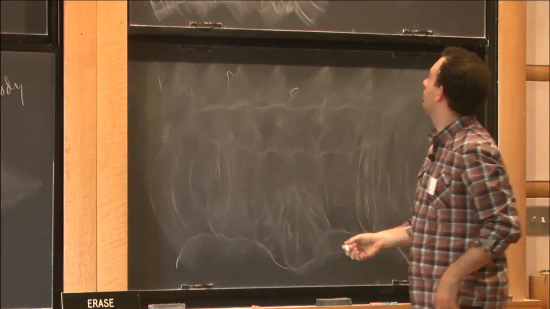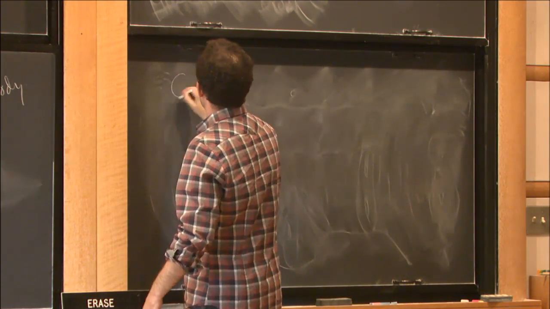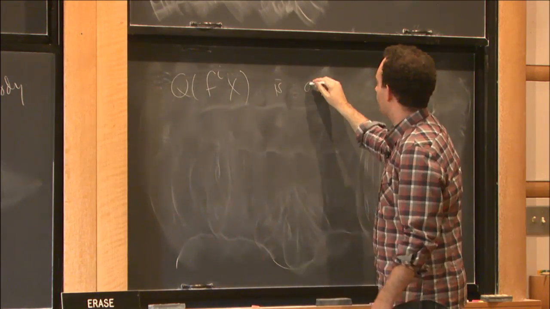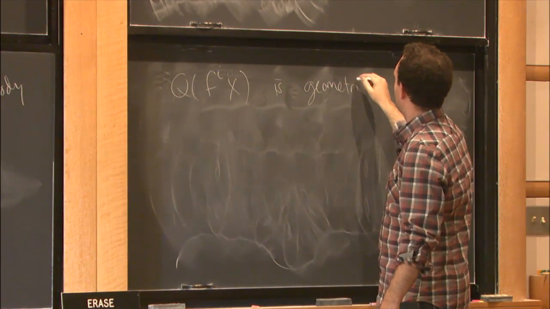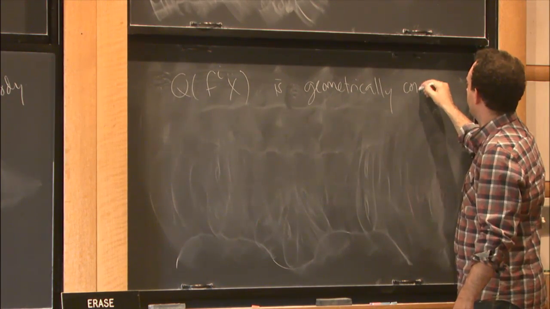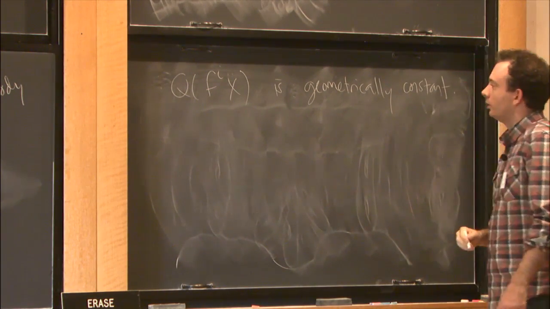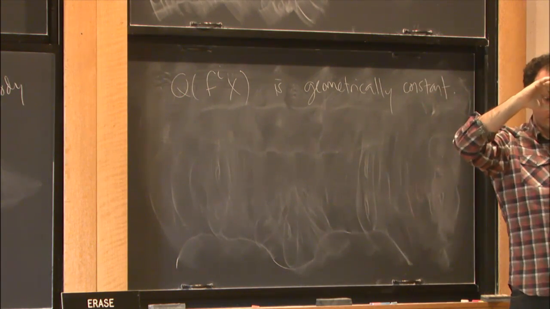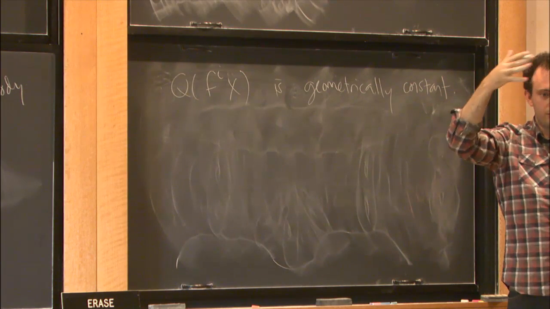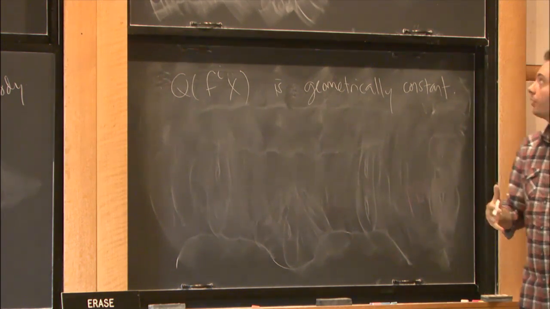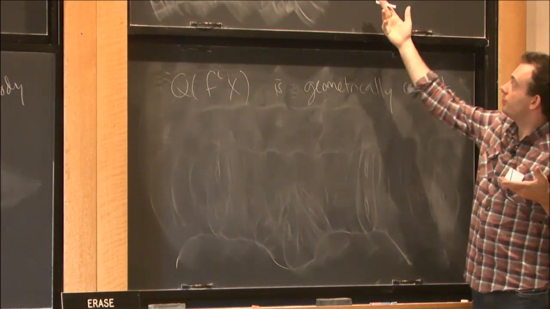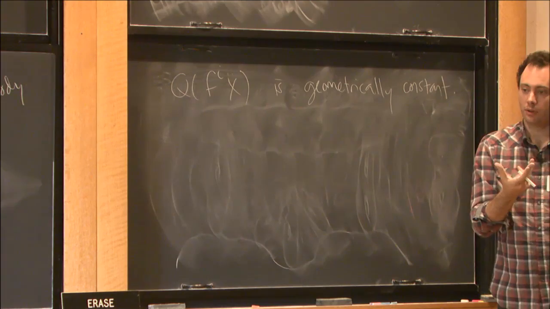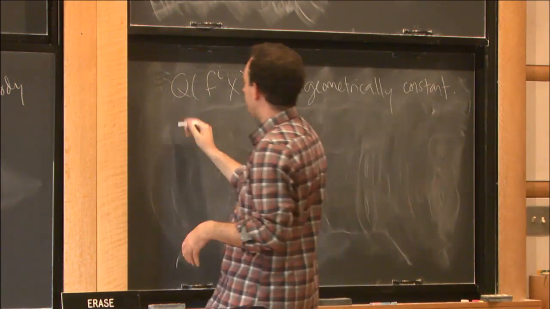Okay, so then this sequence Q of f to the i x is geometrically constant. And the reason why is, when you remark the conformal boundary by f, if this extends to a map from H to H, then really all you're doing is remarking the entire manifold.